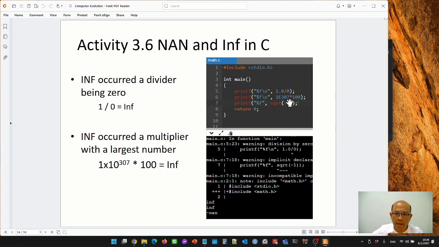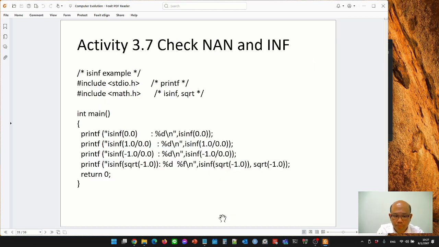This is a very, very large number, and I multiply it by 100. So it is very, very huge, and the output is infinity like the first. So it can generate very small and very maximum values. And when I do the square root of -1, it generates NAN. And you can check NAN and INF in the C language by using functions to check for these errors.